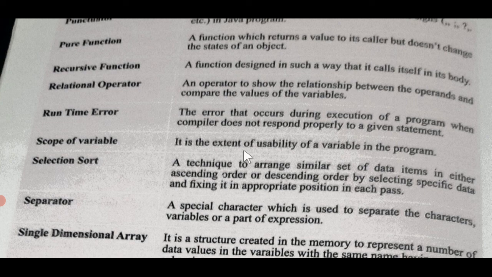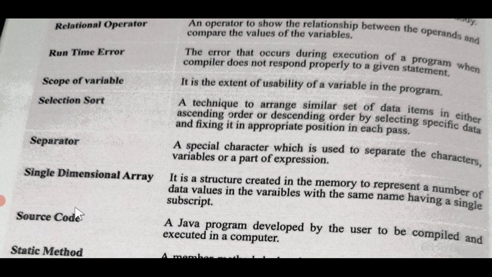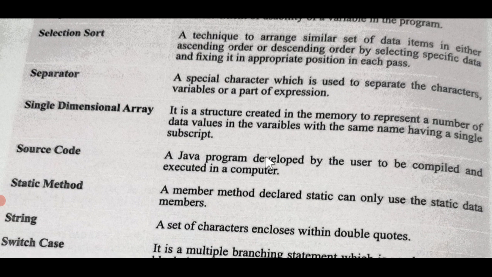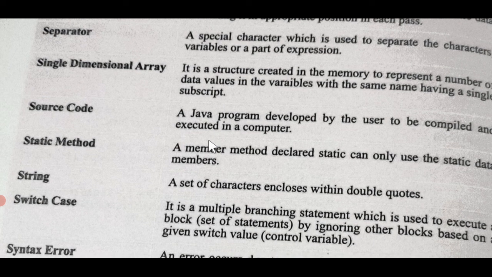After that, scope of variable, it is the extent of usability, visibility of a variable in the program. After that, selection sort, not in your course. Separator, a special character which is used to separate the characters, variables or parts of an expression. After that, single dimensional array, it is a structure created in the memory to represent a number of data values in the variable with the same name having a single subscript.